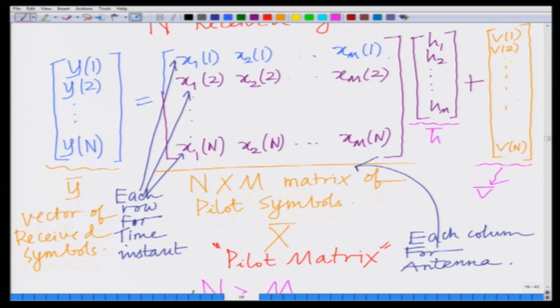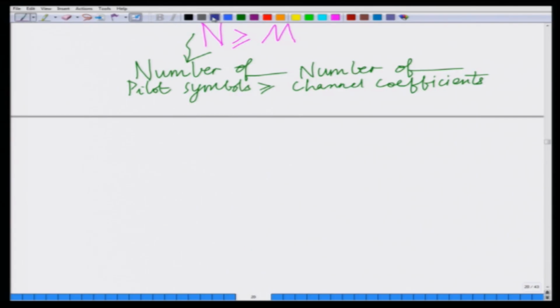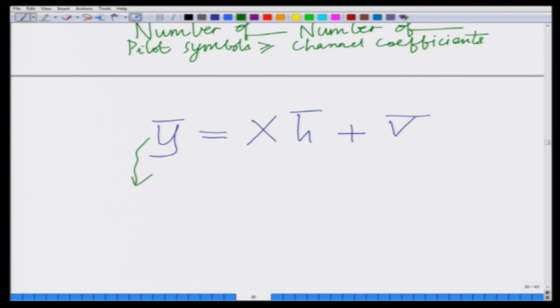Now, if I write this entire thing together succinctly in vector notation, let me write that clearly, because understanding this is very important, as we are going to use this notation going forward in vector parameter estimation. y bar is equal to X h bar plus v bar, where, for the sake of clarity, let me define these things. This y bar is the N cross 1 observation vector, or received symbol vector.